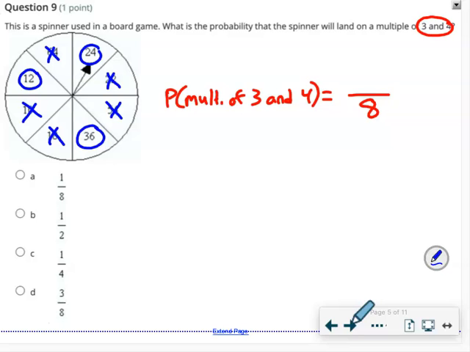So there's 3 ways to do this out of 8, and that's going to be our answer. So the numbers that work are 12, 36, and 24 in this problem.